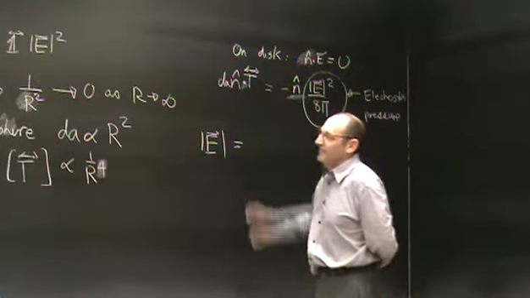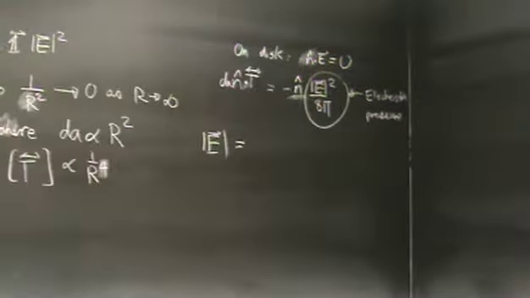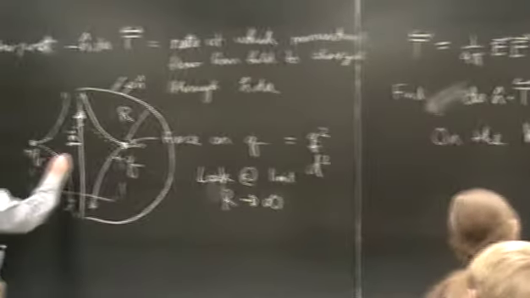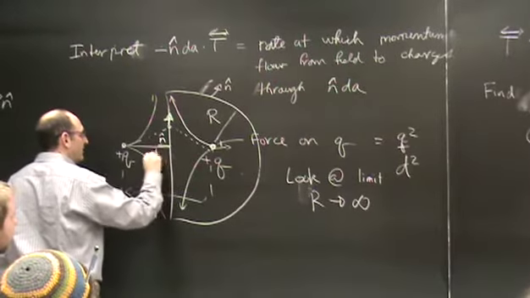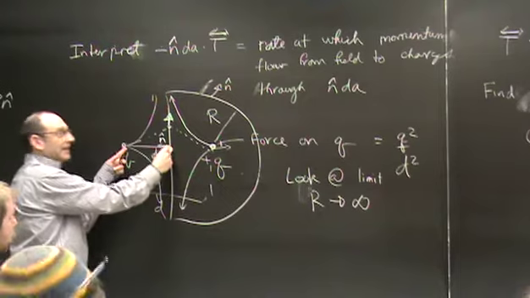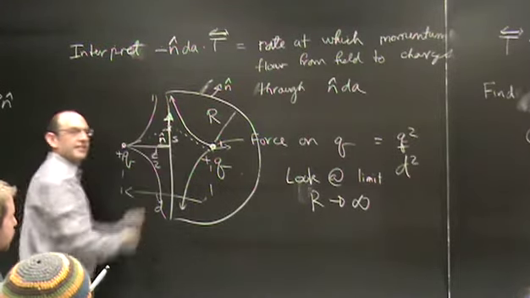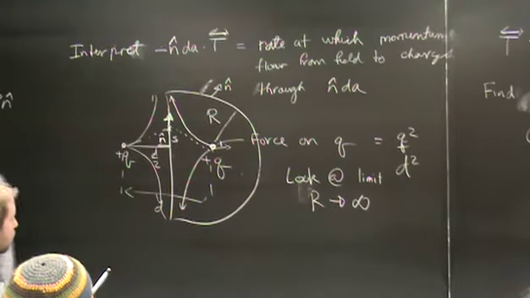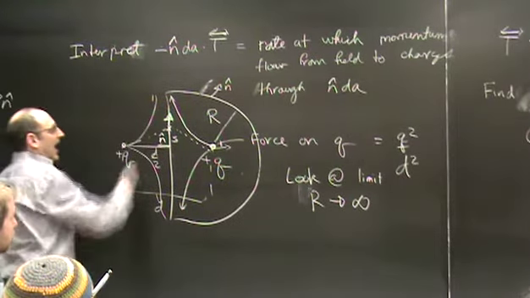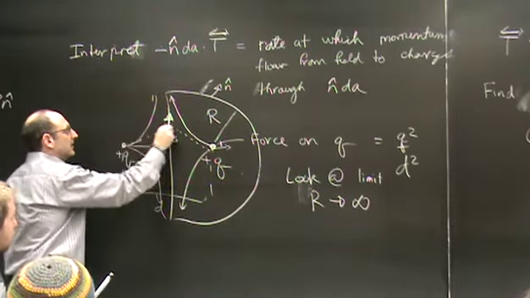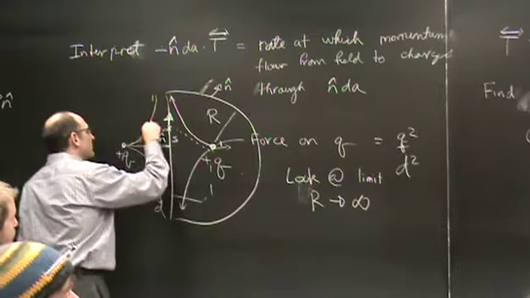So let's see. Here I am over here. The distance to this is d over 2. I'm at some point on the disk, at distance s, and this is ds.